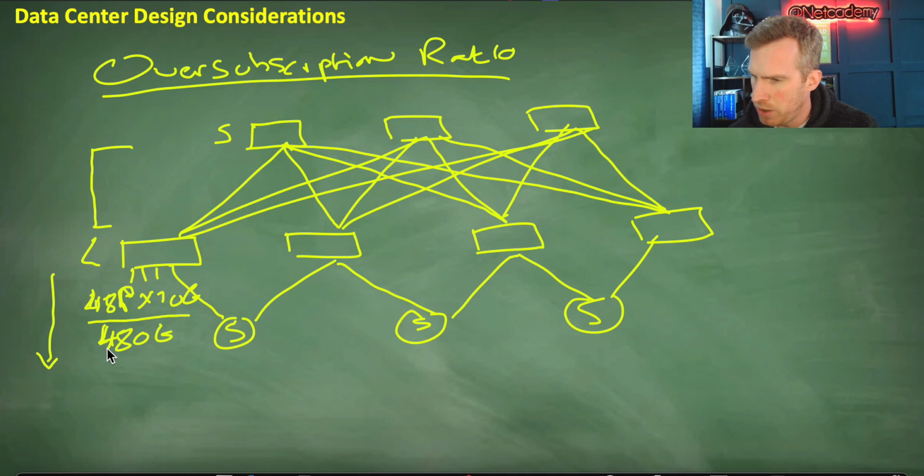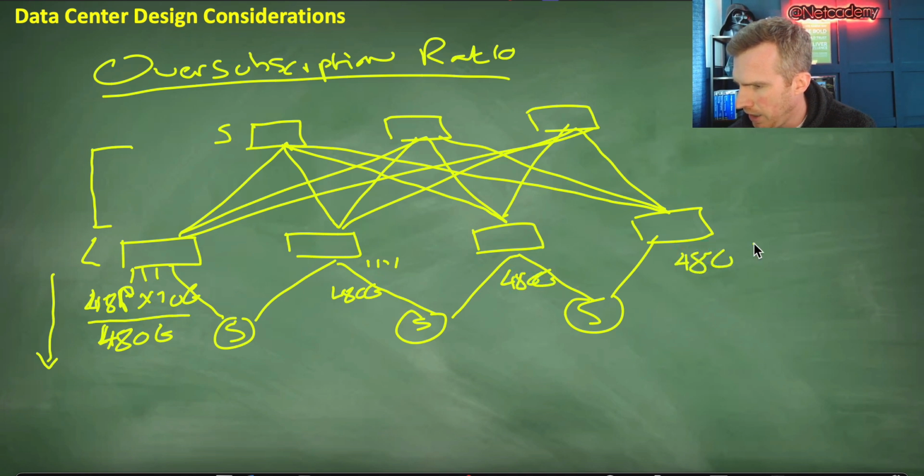But you're going to have 48 ports here as well, so another 480 gig, another 480 gig here, and another 480 gig here. So that's obviously quite a lot of traffic. And between the leaf and spines, it might only be, I say might, it's still very fast, it still has a cost element to it, but 100 gig connectivity.